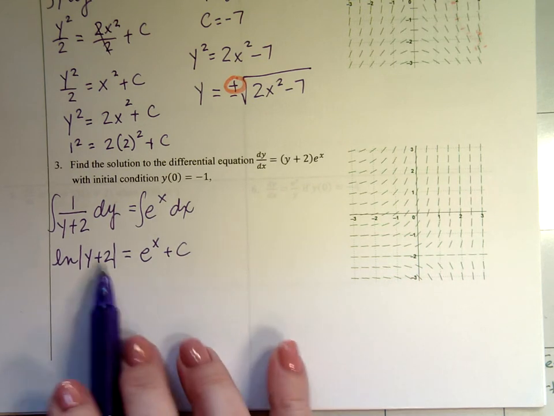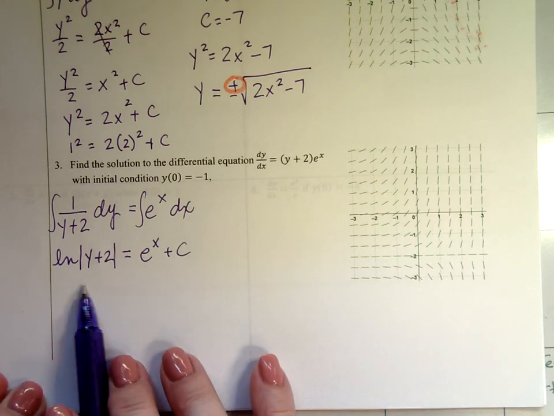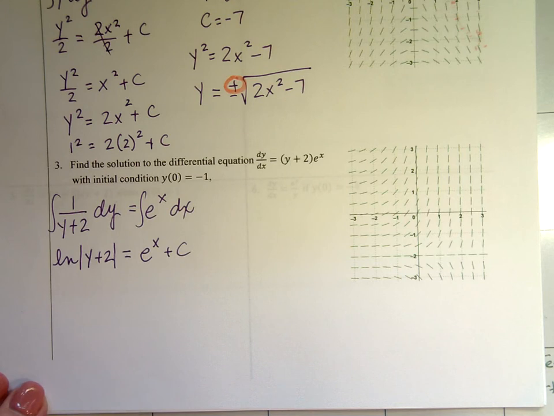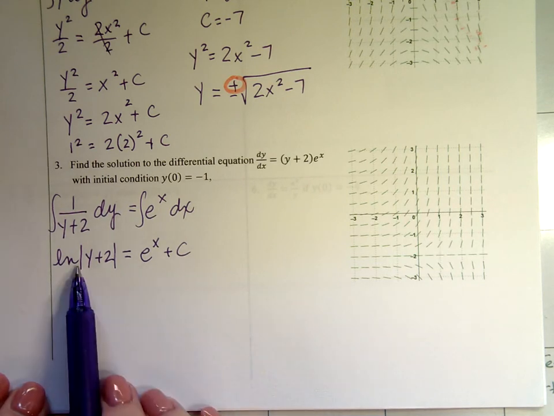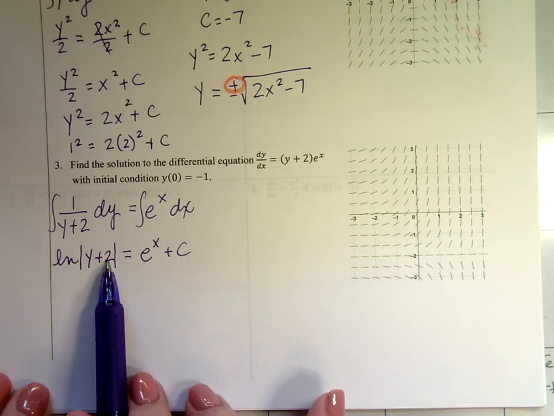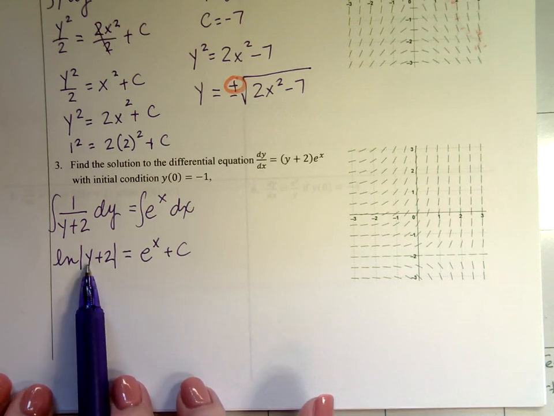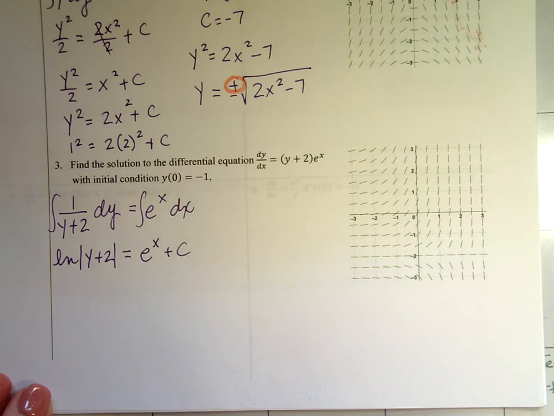Eventually I'm going to have to get the y by itself. But let's see if we can figure out what c is while it's still somewhat simple, because the next step is going to be to loop this thing. I'm going to take e, raise it to this power, and then come back equaling y plus 2. Because I'm trying to undo a logarithm, I have to turn it into an exponent. So thinking ahead, that's going to get a little complicated. Let me figure out what c is first.